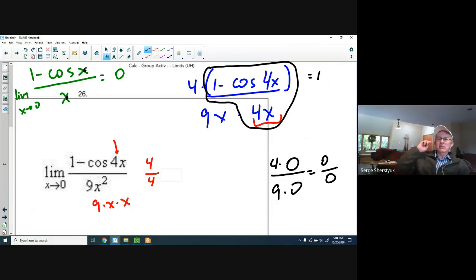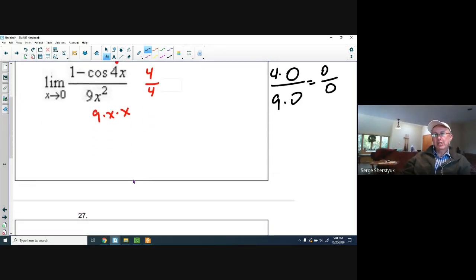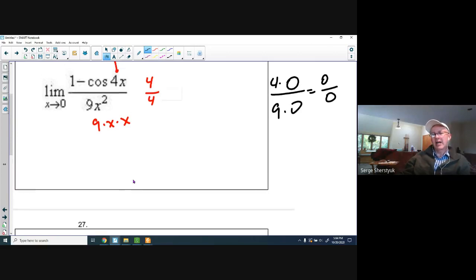Let me just verify if this problem is of the type that requires that, because I'm looking at what might be a double angle identity, maybe even twice. I bet you it is.